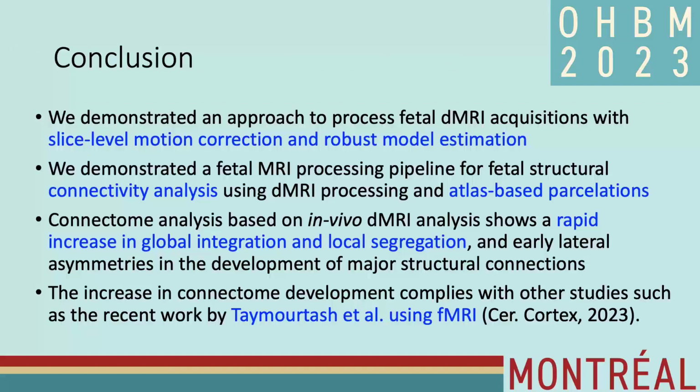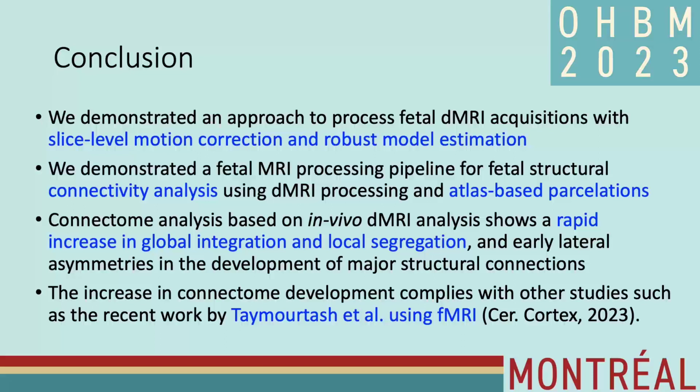In conclusion, we demonstrated an approach to process fetal DMRI acquisitions with slice level motion correction and robust model estimation. We also demonstrated the fetal MRI processing pipeline for fetal structural connectivity analysis using DMRI processing and atlas-based parcellations. We performed connectome analysis based on in vivo DMRI analysis, which showed a rapid increase in global integration and local segregation based on graph theory measures.